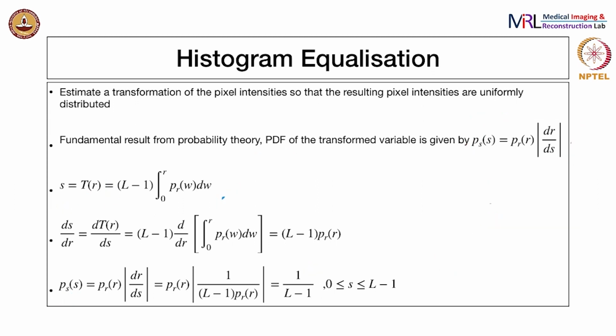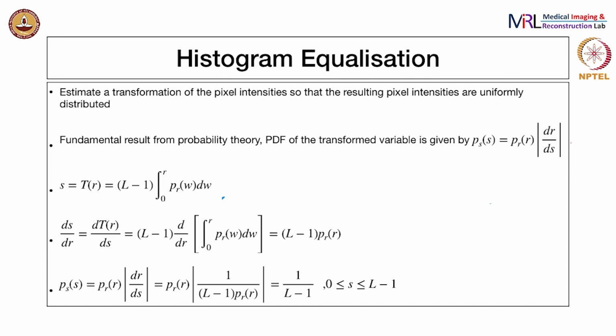So the point is, how do you figure out T(R)? What is this T(R) that will work? The idea is that the intensity of an image can be viewed as a random variable. Which means that we can say its histogram distribution is nothing but its PDF, or probability distribution. So then we can talk about probability distributions of the input image and the transformed image.